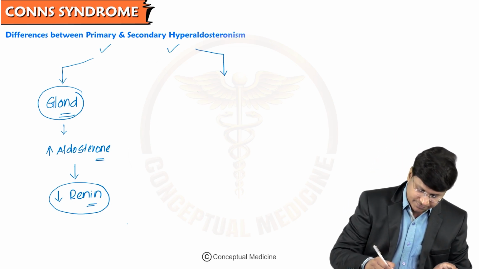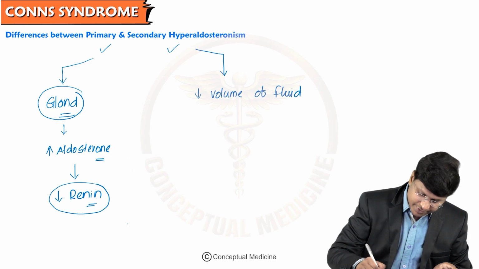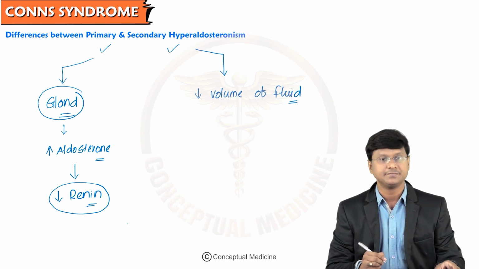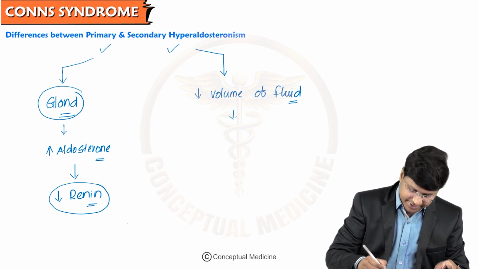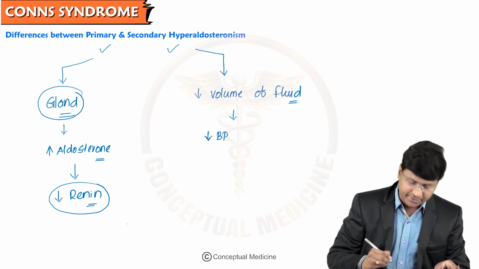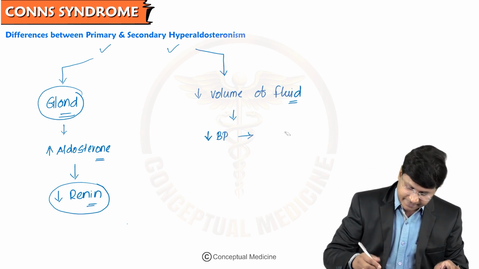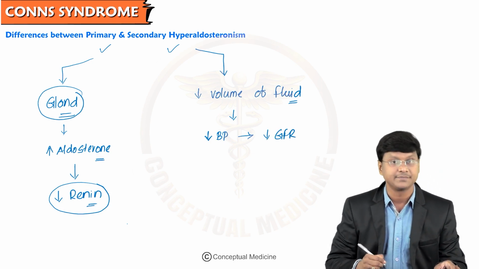Secondary hyperaldosteronism is due to a decrease in the volume of the fluid. That is, the blood pressure of the individual will be reduced here. When the blood pressure is reduced, there will be a decrease in the GFR.